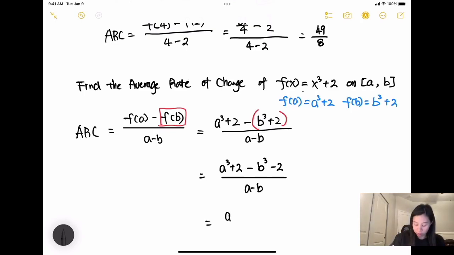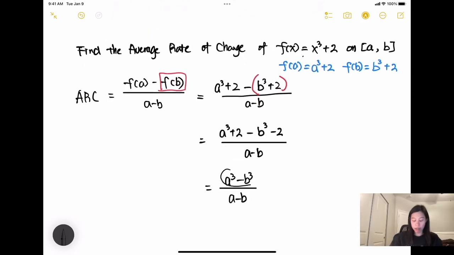So when we simplify, we have a cubed minus b cubed over a minus b. By the difference of cubes formula, this can be factored into a minus b times a squared plus ab plus b squared, over a minus b. So these two can cancel.